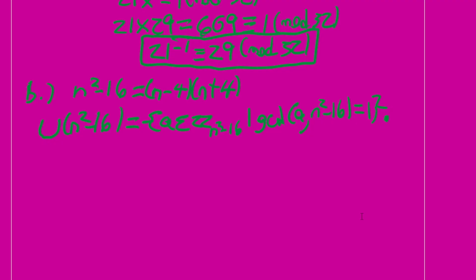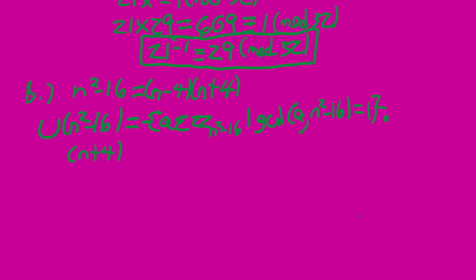So we are looking for where n plus 4. I'm not going to write the whole set out, but I'll just leave that definition there to understand what it is. We're looking for where that's 1 modulus n squared minus 16.